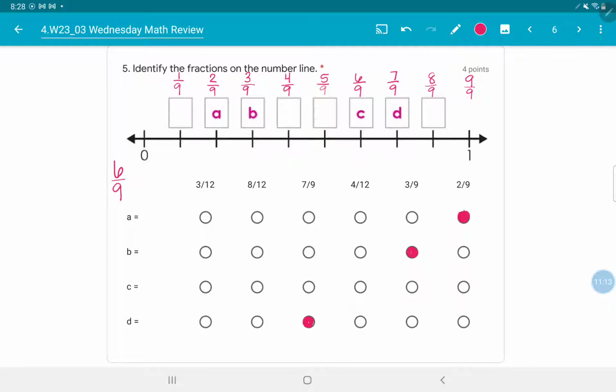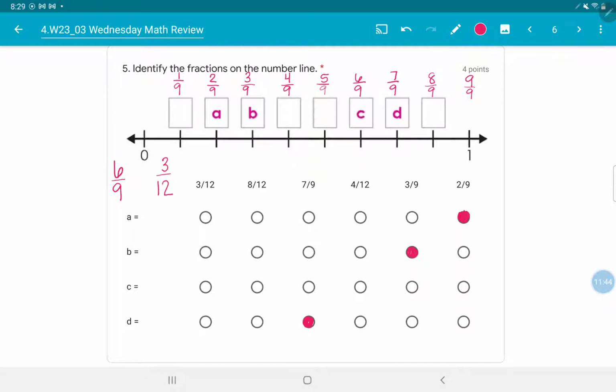Let's look at 3/12 first. That's our first answer choice. So let's just look at 3/12. 6/9 and 3/12. And let's see if we can make those become equal fractions. Can I get 6 to become 3 by either multiplying or dividing? Yeah. What would I do?